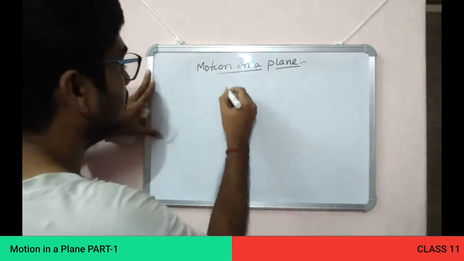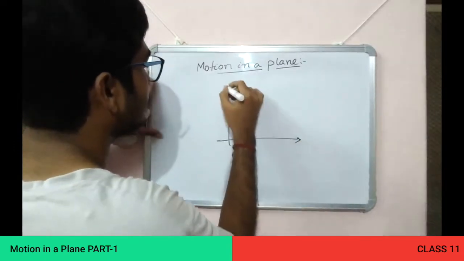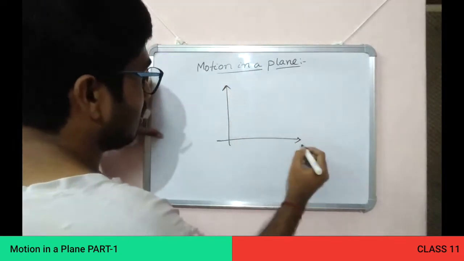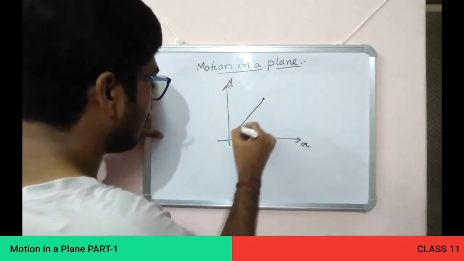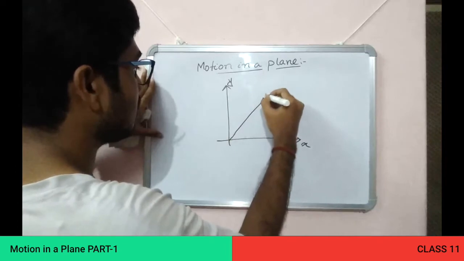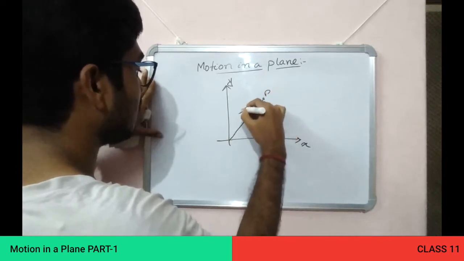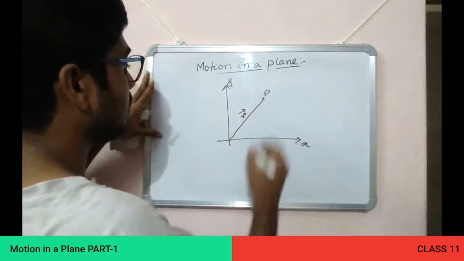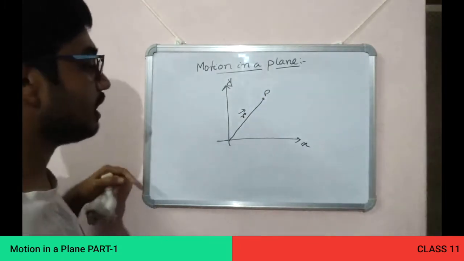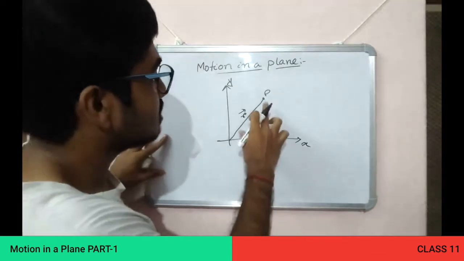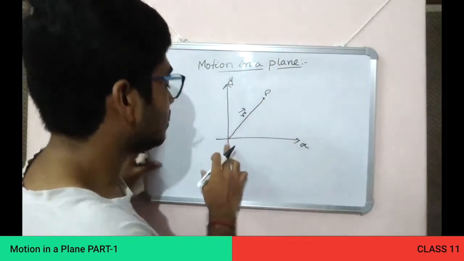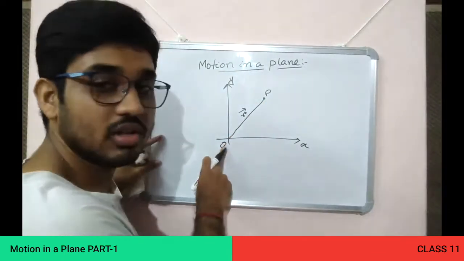Now, if there is some coordinate like this, this is x, this is y, and this is r. So when this particle is moving from initial, it is at rest at the origin.